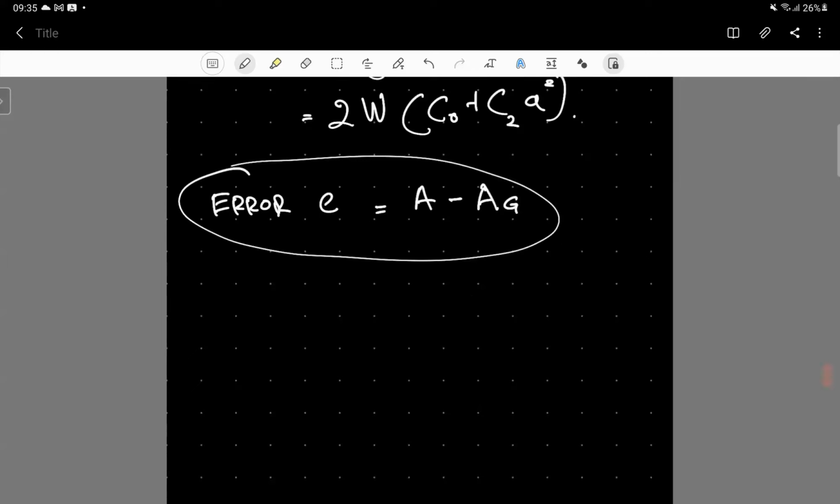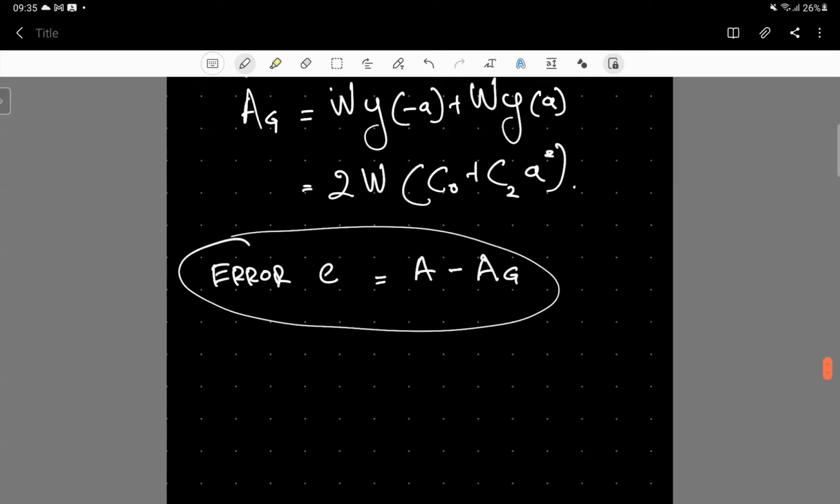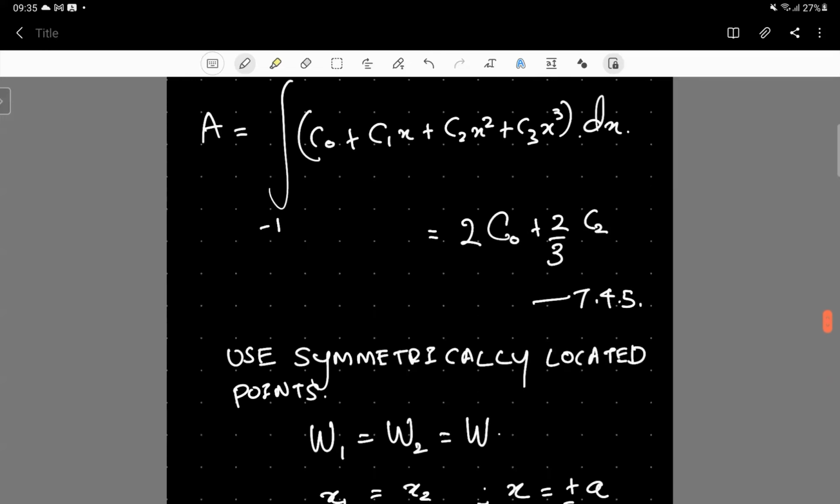For this, we just use an optimization method. We want to minimize this error such that we get the minimum error. In this function we have two variables, those two constants, because they decide the value of A as well as where the x value is located, and we are also interested in calculating the weight factors.